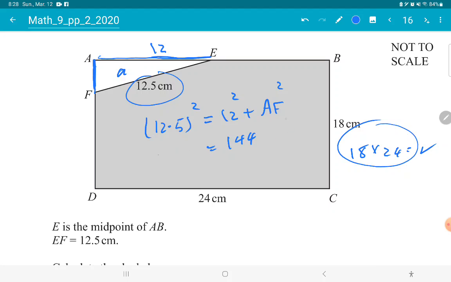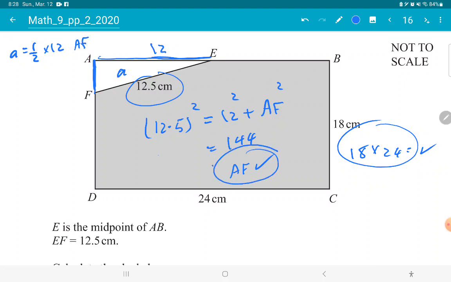Then you get AF squared, square root it, you get AF. As soon as you get AF, you could consider AF as the height of the triangle. So the area of the triangle, small a, equals 1/2, base is 12, the height is AF. Just plug this number in. If you get that, subtract it from this. And that's it. Good luck. Let's stop.